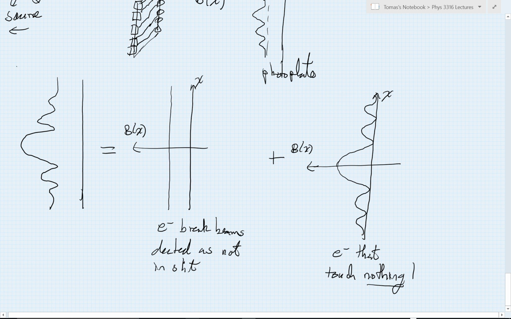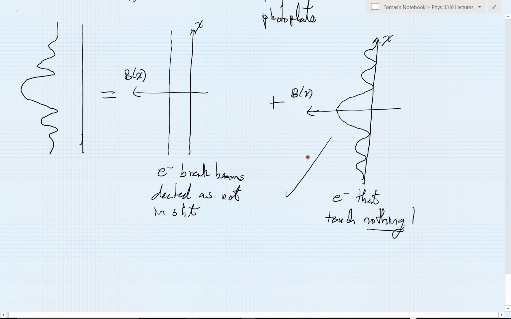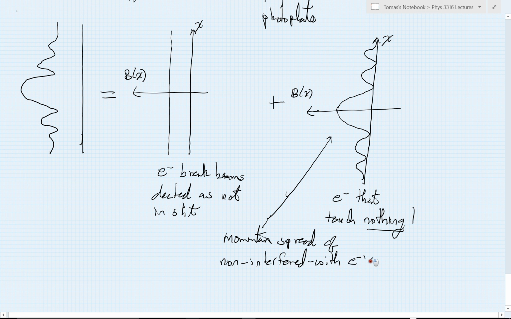So that's how we know that this diffraction pattern, with its momentum limitation, is exactly the same diffraction pattern. The momentum spread is the momentum spread of, if you want, I'll make up a word, interfered with, non-interfered with electrons.